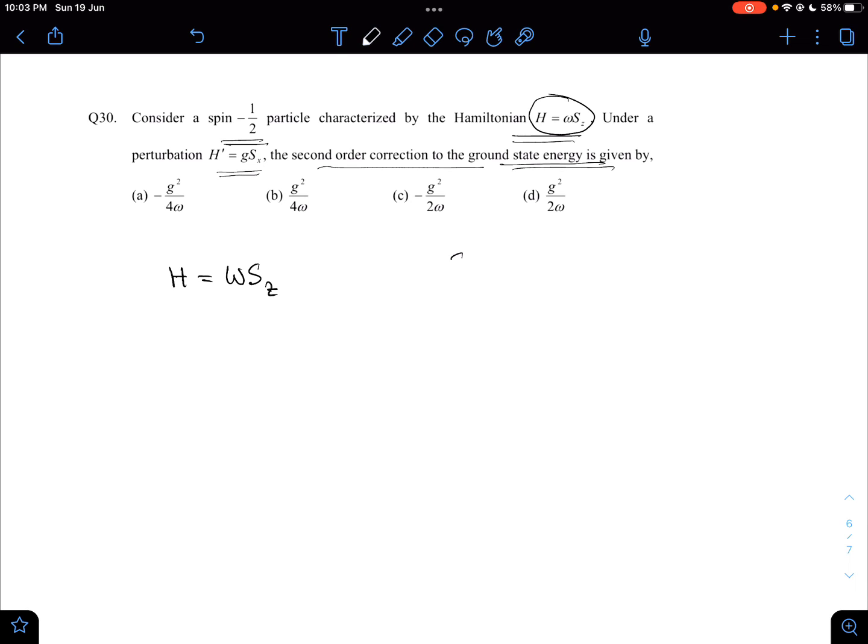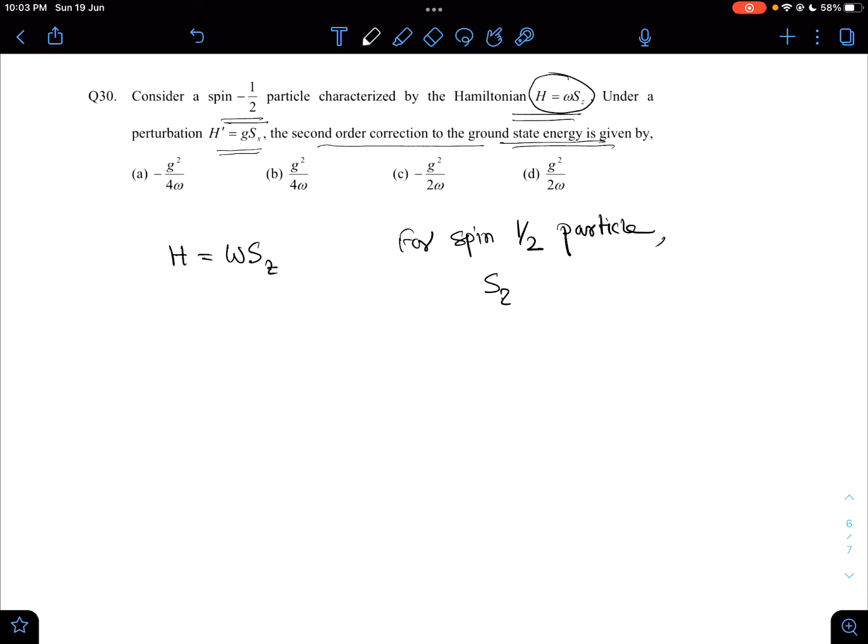Now we know for a spin half particle, Sz has this matrix representation: 1 0 0 minus 1.